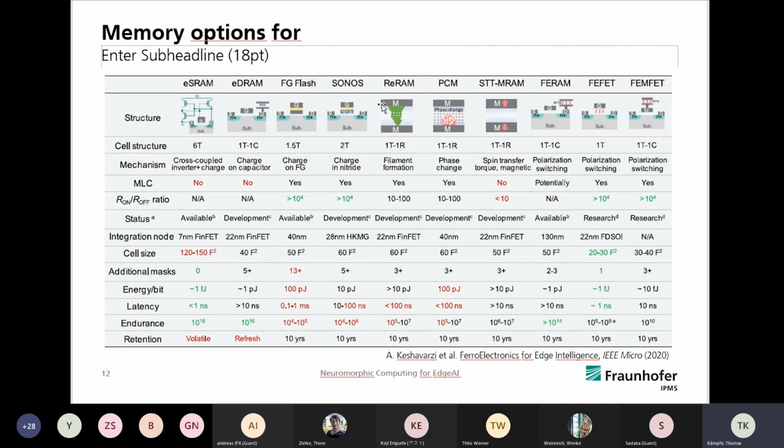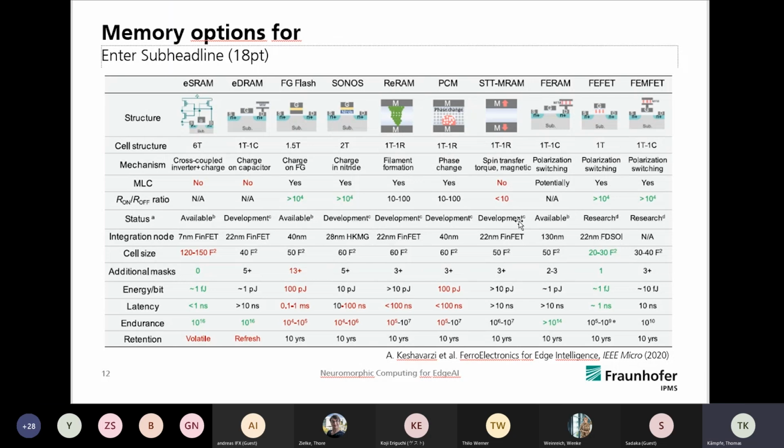It reaches from standard memory technologies like SRAM, floating gate flash, over memories which are still under development as emerging or more developing memories such as embedded DRAM, Sonos flash, at least in very advanced nodes, RRAM, PCRAM, STT-MRAM, as well as a couple of ferroelectric memory concepts.